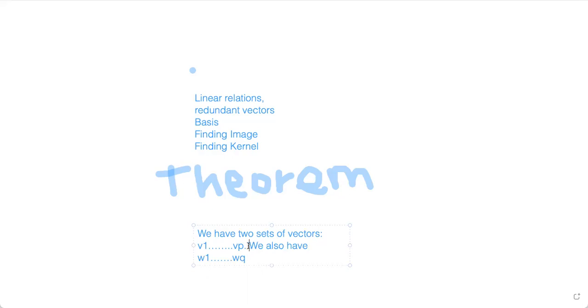Now let's say that V1 through VP are a set of linearly independent vectors of V, right? Then W1 through WQ are the vectors that span V. The theorem is that Q will be greater than or equal to P.